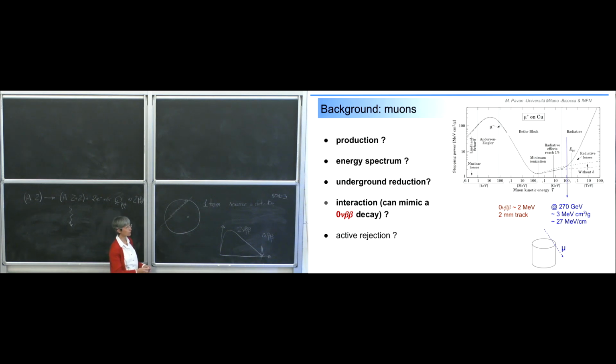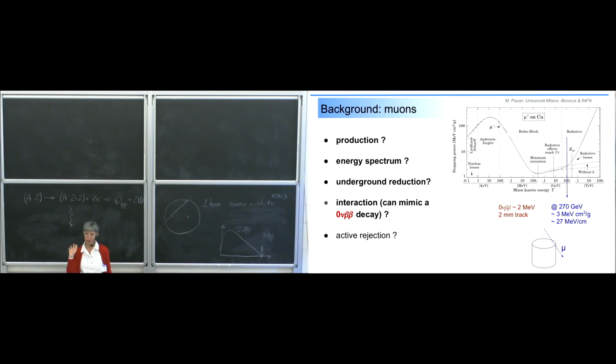And so if you look at this number here, and you put numbers and you evaluate the stopping power, you discover that in this energy region, a muon more or less loses 3 MeV per square centimeter gram, and then you multiply by some density, and you get that your muon loses about 30 MeV in each centimeter.